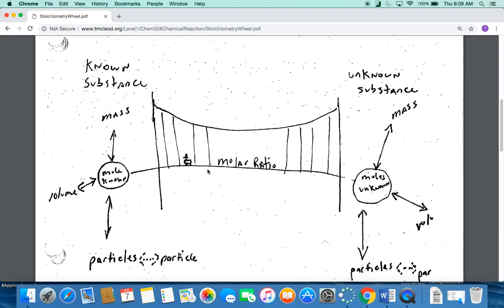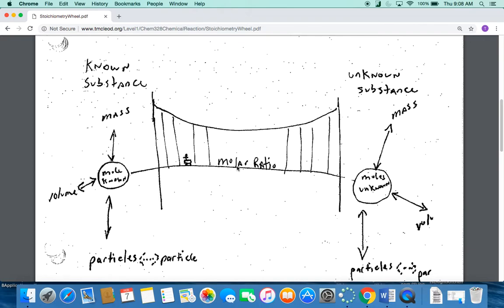is the molar ratio. So of course, what you would do with this is you would say, oh, I know the mass of X, Y, Z, and I'm looking for the volume of this one. So you change the mass to mole using your mole wheel, and then the new thing is the molar ratio.